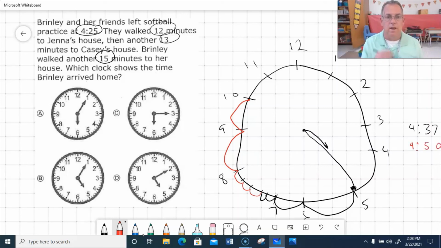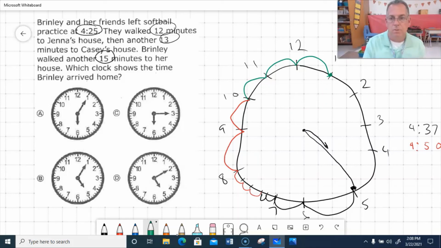So we'll go ahead and do the rest of the time. She walked for another 15 minutes. Do that in green. So that's 5, 10, 15. Okay. So what time did Brinley make it home?